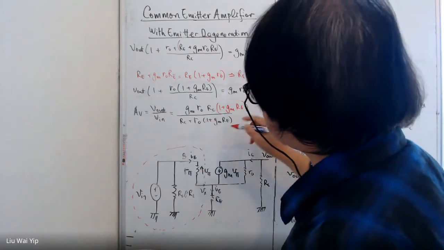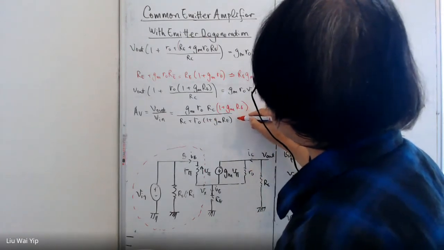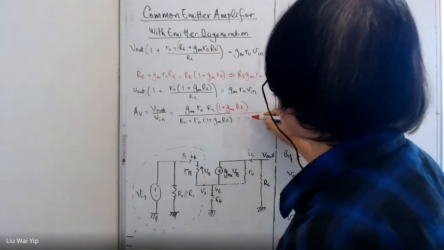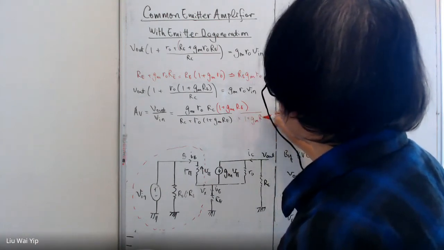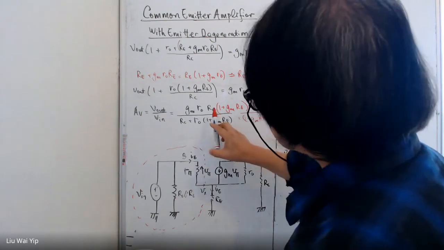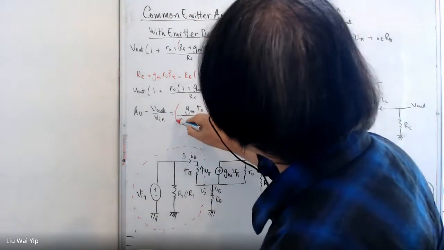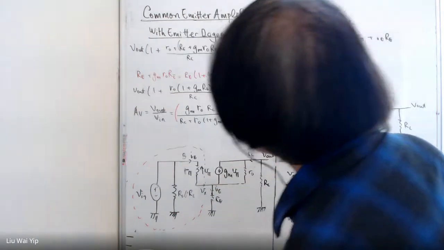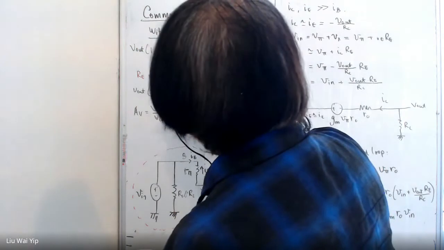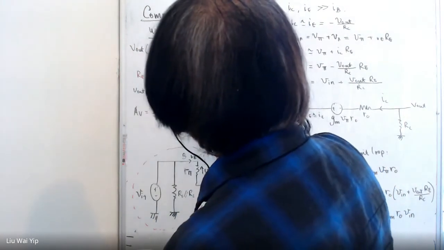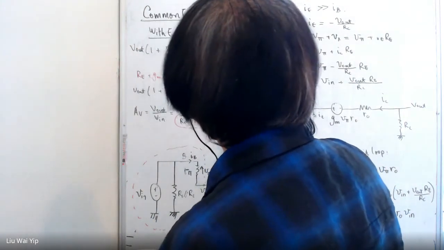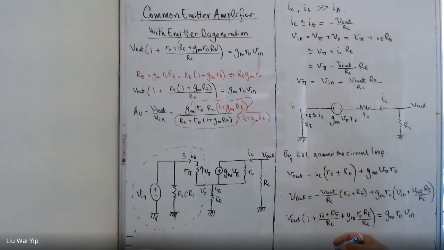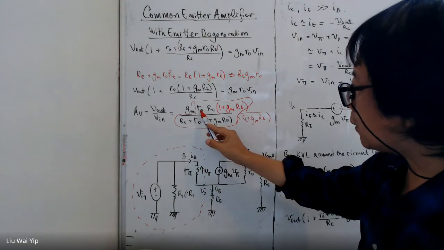And if you do that, then if you take a look at this expression here, this one is actually a parallel combination of r0 and this one.